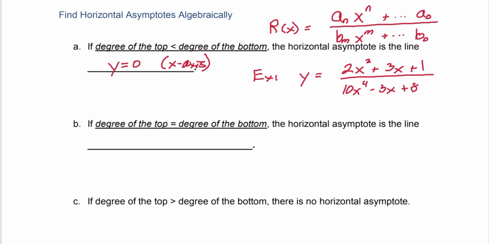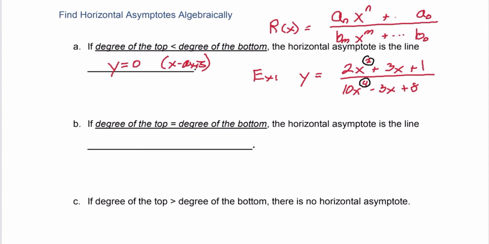Really all we care about is the degree of the top being less than the degree of the bottom. Notice that 2 is less than 4. If the degree of the top is smaller, the horizontal asymptote is automatically y equals 0.